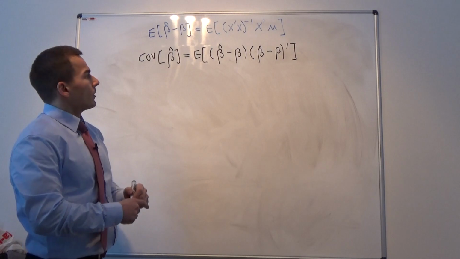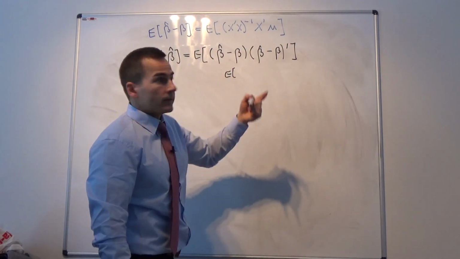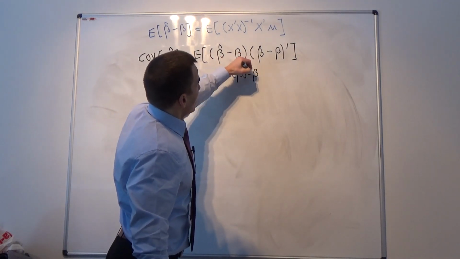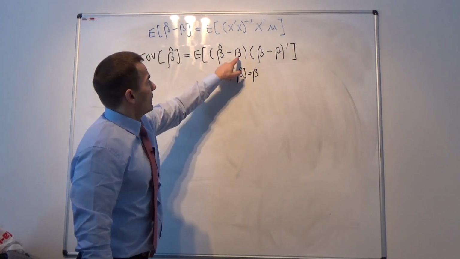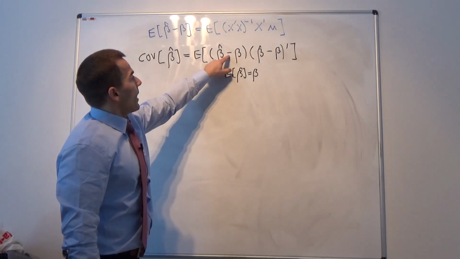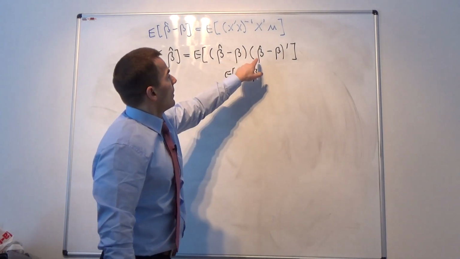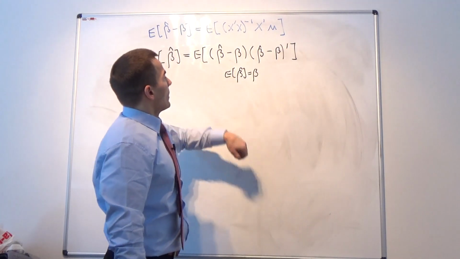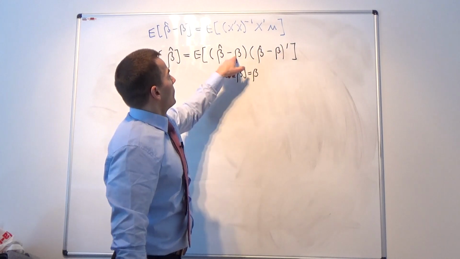And this is so because, from our previous result, the expectation of beta hat is beta. That's why we can already plug in this result here. Otherwise, we would have beta hat minus the expectation of beta hat times beta hat minus the expectation of beta hat transposed. But since we know again that the expectation of beta hat is beta, we can just plug in beta here.